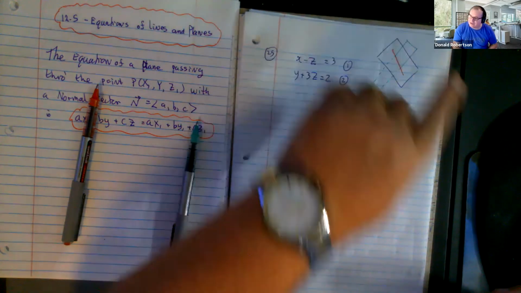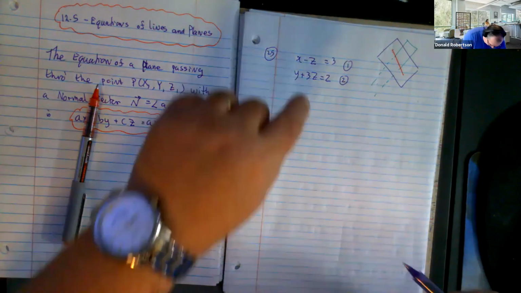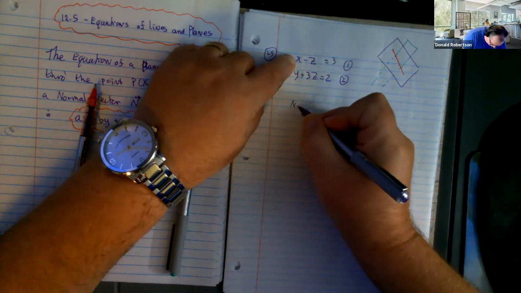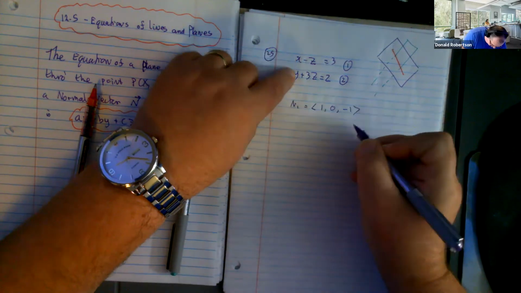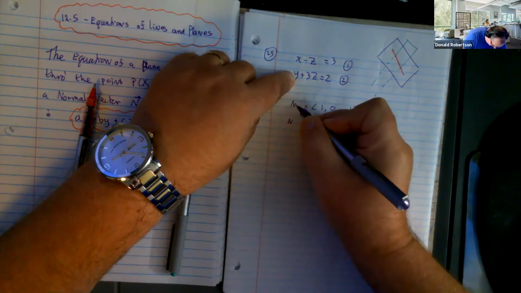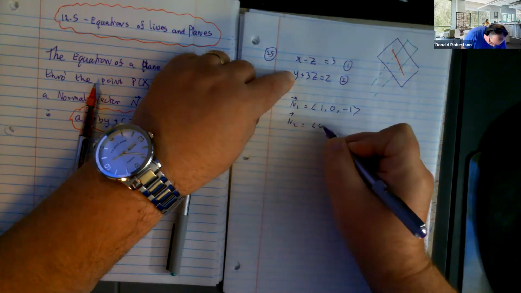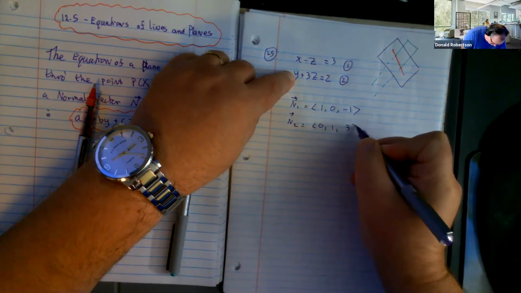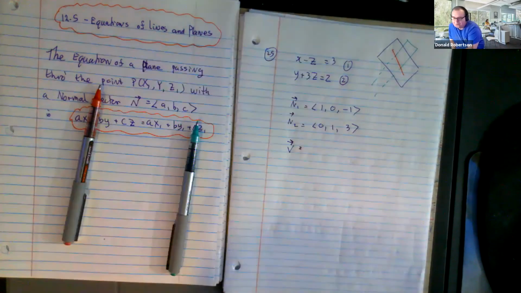So isn't that red line also perpendicular to the second one? So if you look at the normal of this one, I'll call it N1, isn't it 1, 0, -1? And if you look at the normal for the second one, isn't it 0, 1, 3? So what will the direction vector of the line be?